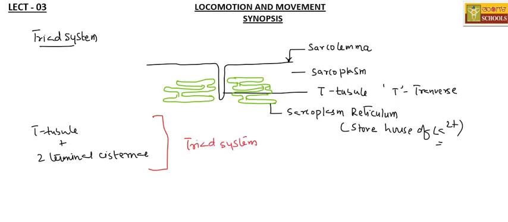So what is its function? We will see in the coming session. How this triad system helps in transmission of a nerve impulse into the muscle fiber, thereby allowing the release of calcium ions from the sarcoplasmic reticulum, which will bind with one of the components of troponin, and that will help in contraction. How it happens, we will see in the coming session.